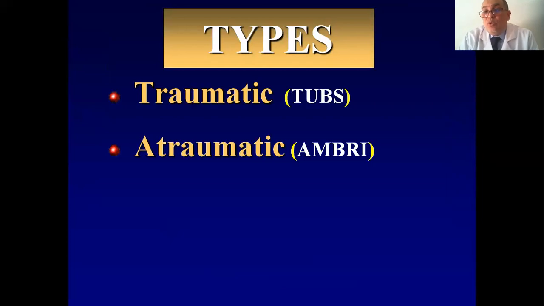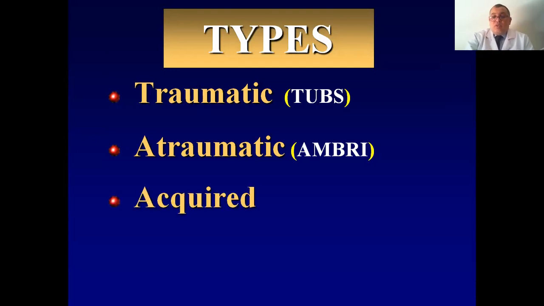The traumatic type, TUBS, is always due to trauma, it is unidirectional, it is due to a Bankart lesion, and usually needs surgery. The atraumatic type has no trauma, is usually multidirectional, almost always bilateral, and almost always treated by rehabilitation. And if it needs surgery, it needs an inferior capsular shift, not a Bankart repair.